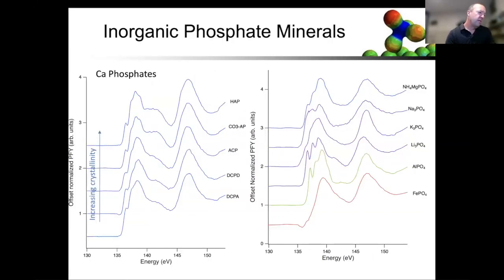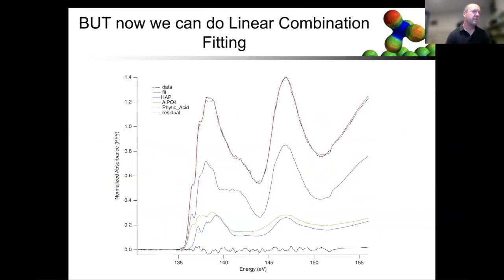And so then you are able to access some variability in the poorly crystalline versus the crystalline carbonate or calcium phosphate phases. You do see a lot of diversity in the spectra of other inorganic minerals. And you get the ability to do quantitative analysis or linear combination fitting because your background removal is no longer arbitrary.